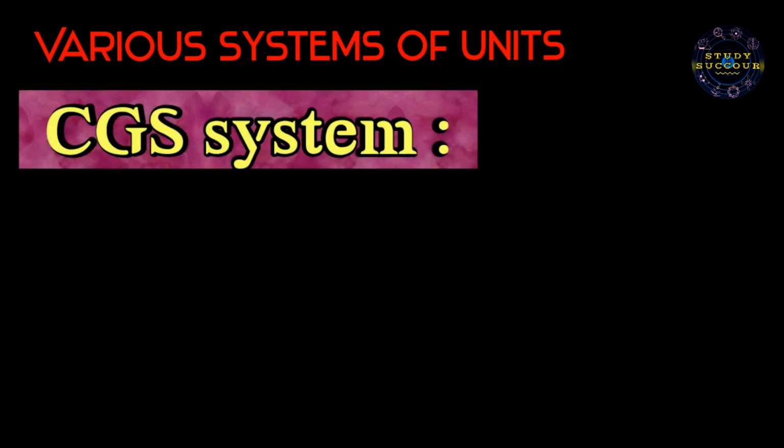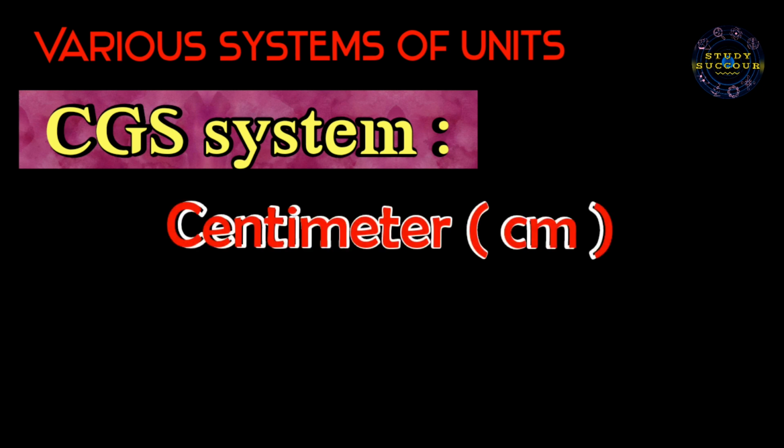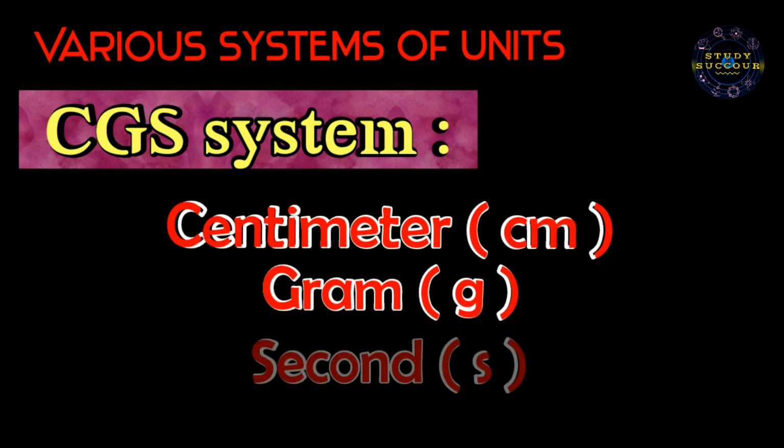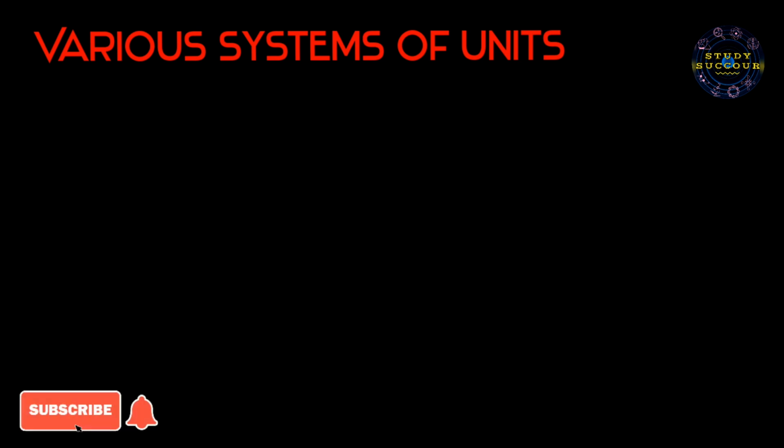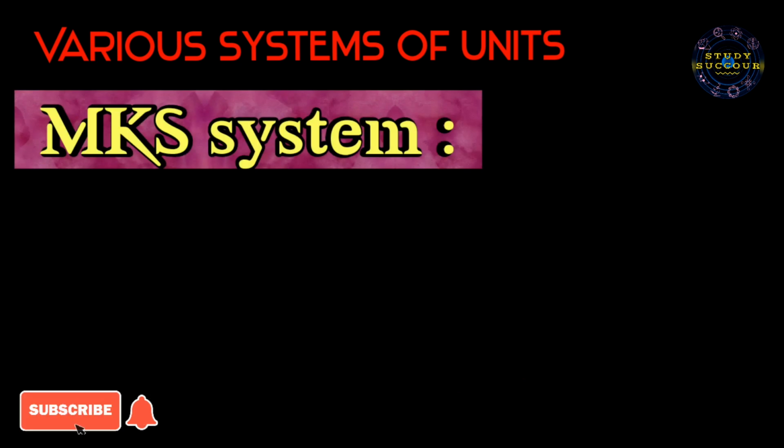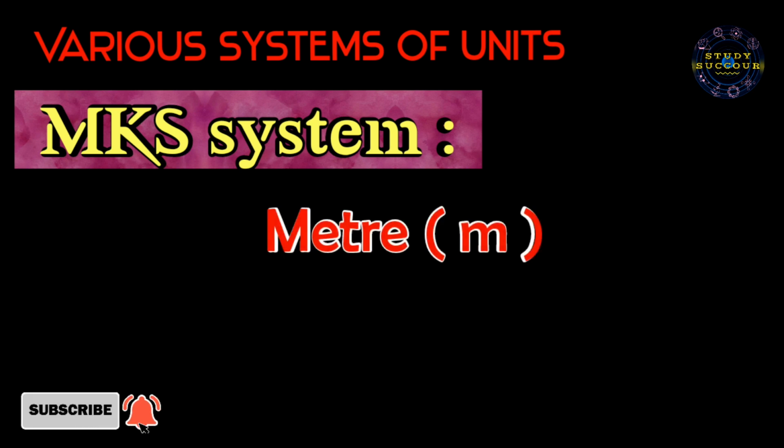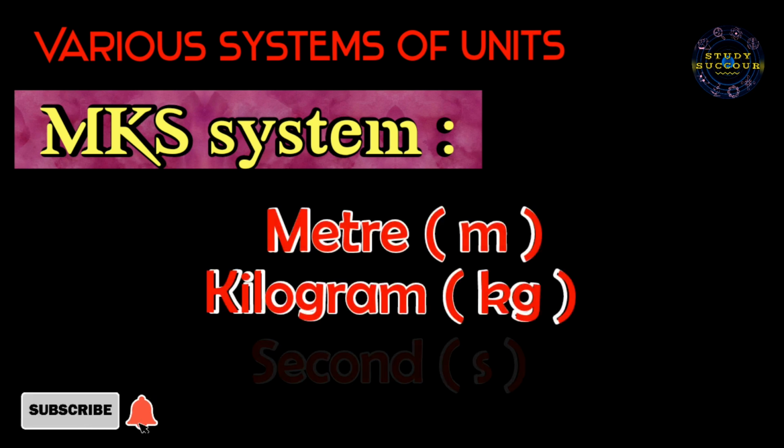Now we will talk about the various systems of units. The first one, CGS system of units, whose fundamental units are centimeter, gram, and second. The second one, MKS system of units, whose fundamental units are meter, kilogram, and second.